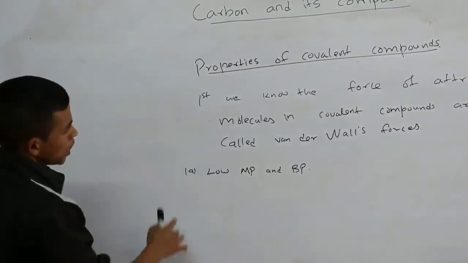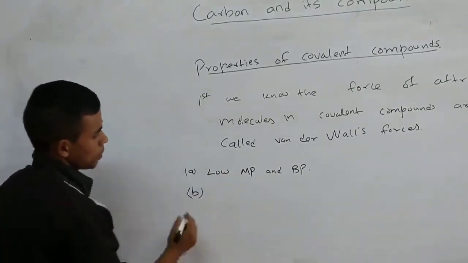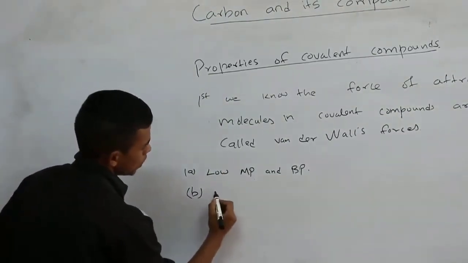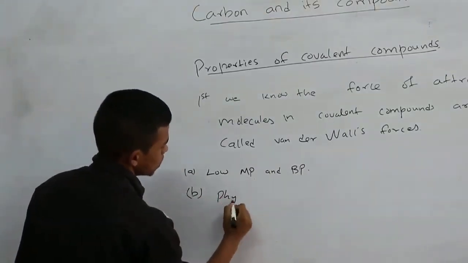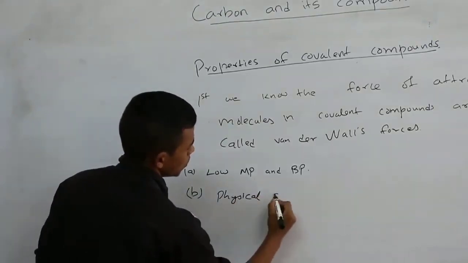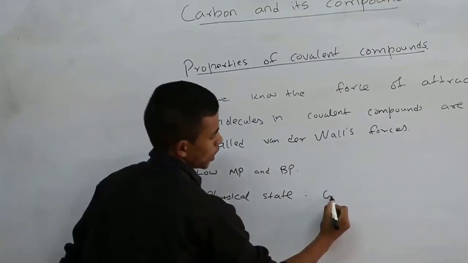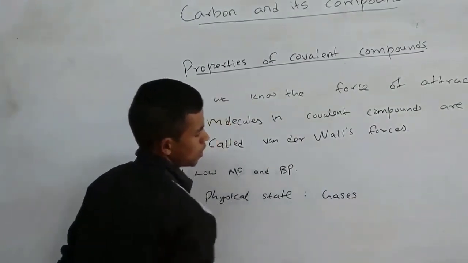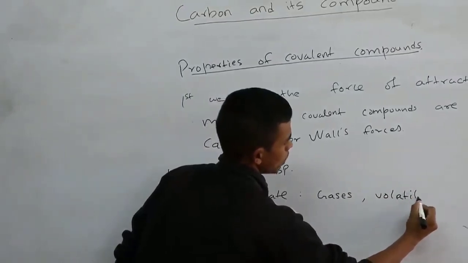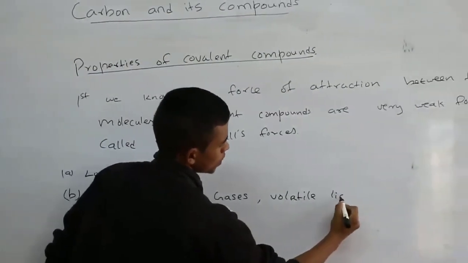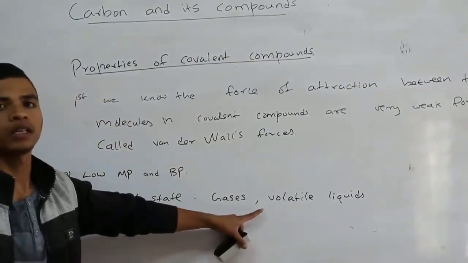And again, as a result of this, in the physical state, most of them are gases, and in the liquid, some of them are volatile liquids, and in the solid, they are very soft.